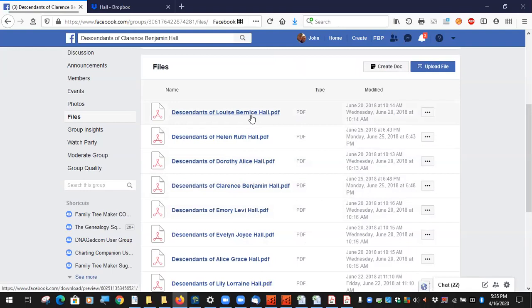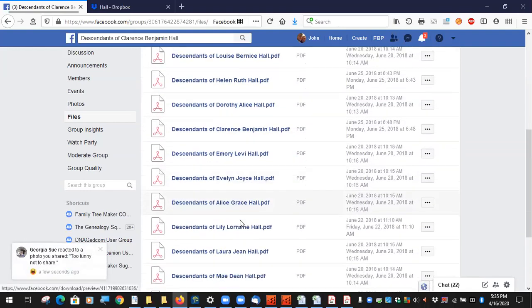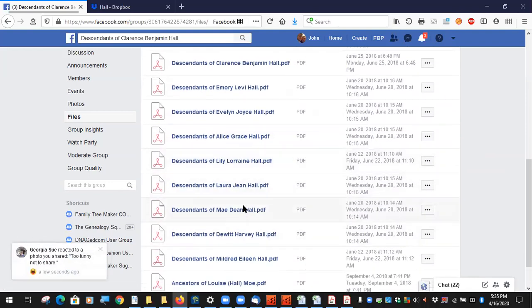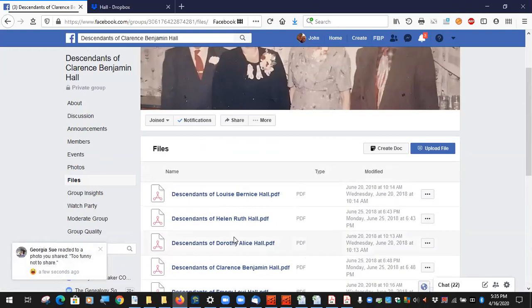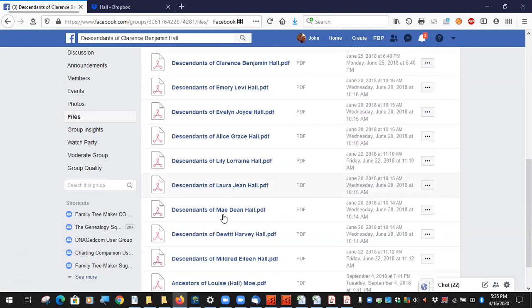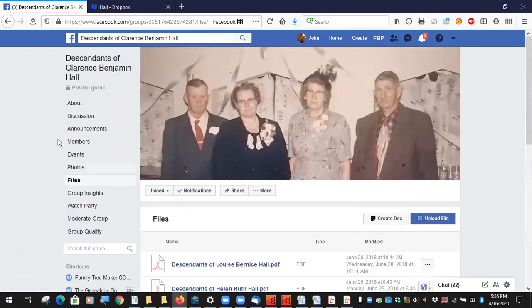These other regular descendants reports I do in Family Tree Maker. Are any of these from Charting Companion, or are these all from Family Tree Maker? These are Family Tree Maker. Basically, it's the charts.